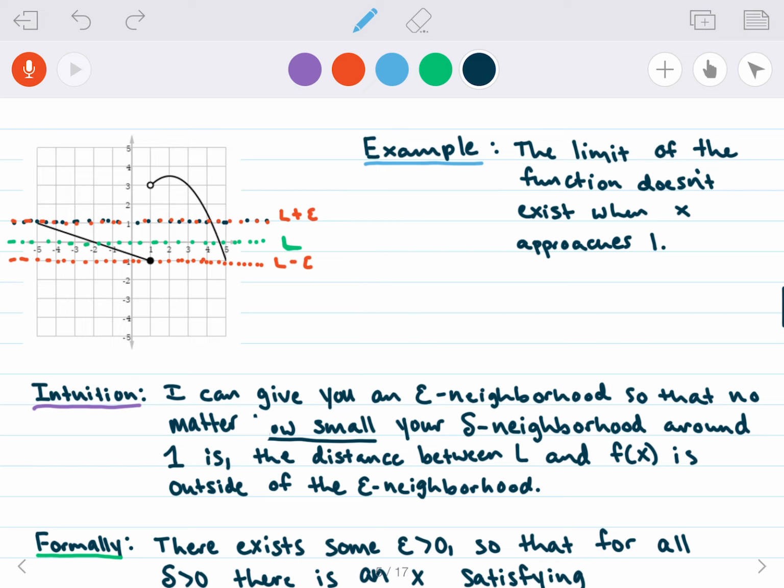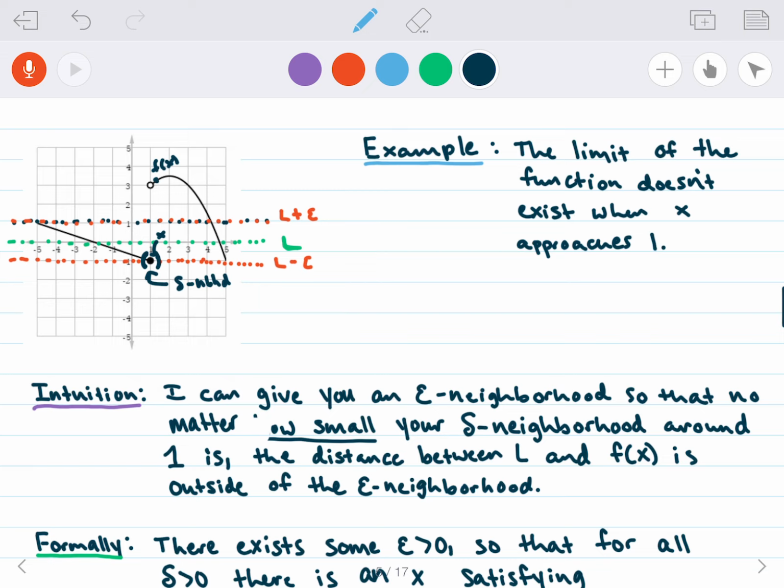But we can see that this is not going to ever work, because no matter how small I make my little delta neighborhood, so here's my delta neighborhood, I can see that there's a little x somewhere in there. There's a little x guy. And so that would correspond to f of x being, I don't know, like right here.